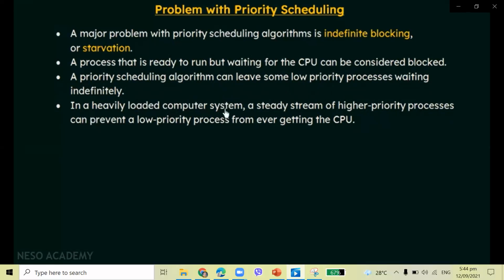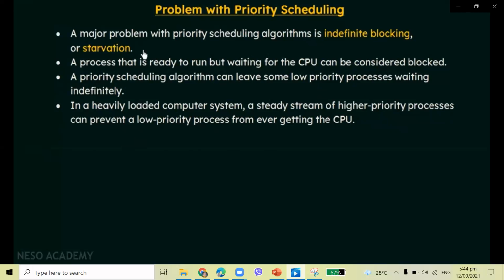So in a heavily loaded computer system, a steady stream of high priority processes can prevent a low priority process from ever getting the CPU. So that is what I just explained. In that case, the low priority process will be indefinitely blocked, or we also call it starvation. That means it is waiting to get the CPU, but it is never getting the CPU.